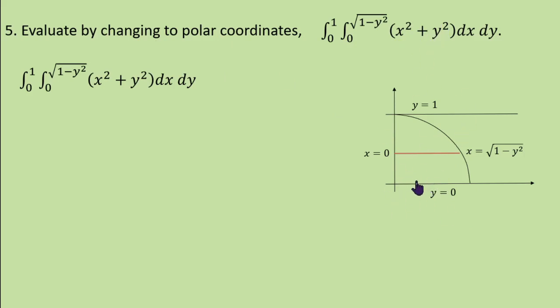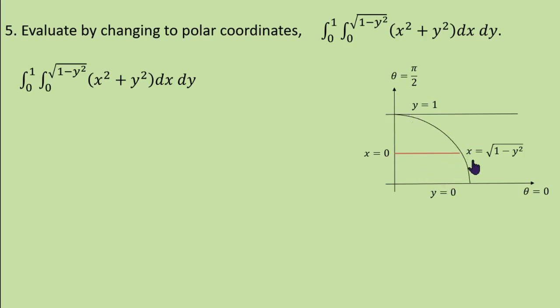Now, how can we convert this area in terms of polar form? Clearly, to cover the first quadrant, theta varies from 0 to pi by 2, and hence for every theta from 0 to pi by 2, r varies from 0 to a point on the circle.